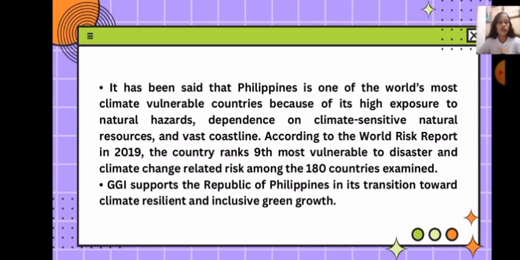According to the World Risk Report in 2019, the country ranks 9th most vulnerable to disaster and climate change-related risk among the 180 countries examined. So GGGI supports the Republic of Philippines in its transition toward climate resilient and inclusive green growth.